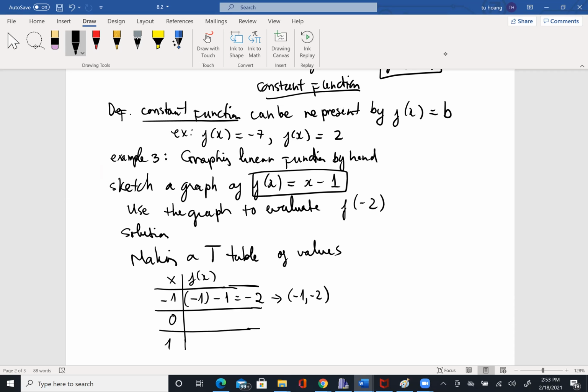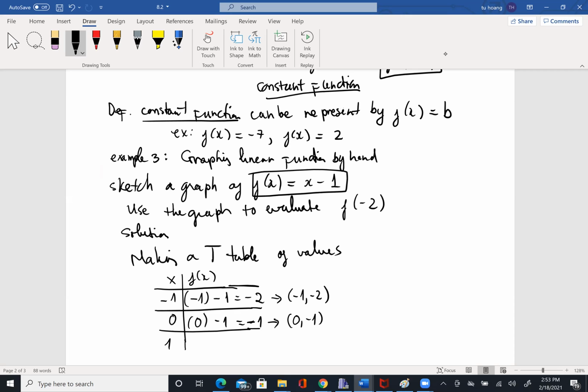What else? I plug in 0, and I have -1, so the pair is 0, -1.